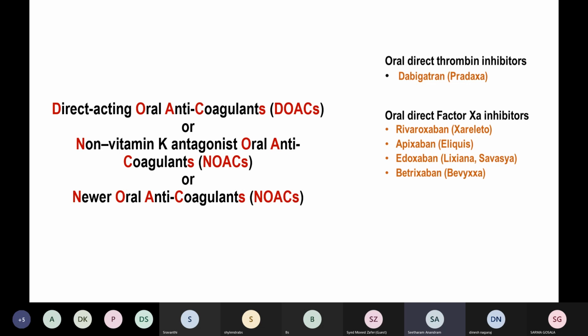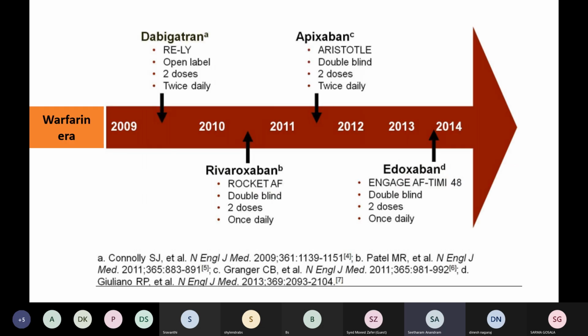There's only one drug which is a thrombin inhibitor, which is dabigatran, and the rest of the drugs are factor 10A inhibitors. As we all know, prior to 2010, it was just warfarin, nothing else. However, since 2010, there has been a flurry of drugs, called newer agents, which act on either factor 2 or factor 10A.